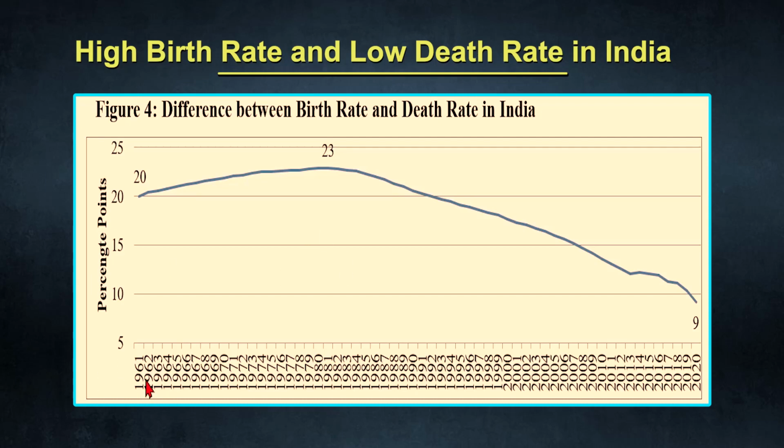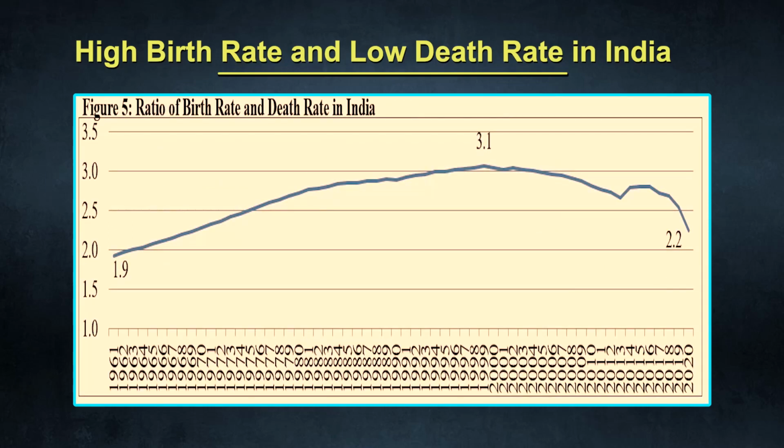And in the year 1961, the difference of birth rate and death rate was 20 percentage points, which increased to 23 percentage points in 1981. But after 1981, the difference between birth rate and death rate has been gradually decreasing in India, and in the year 2020, it has become 9 percentage points.